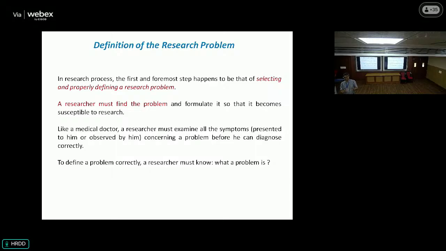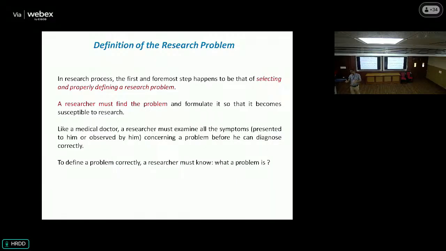But you have to define the problem. This is what this class is all about. What is the problem, how you will select the problem, what are the strategies of selecting the problem, and which areas you should select. So UGC keeps a guideline so that the students, before registering, have a prior idea of how I will go about defining the problem.